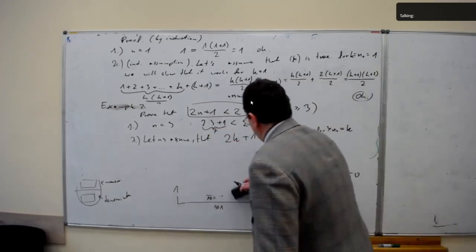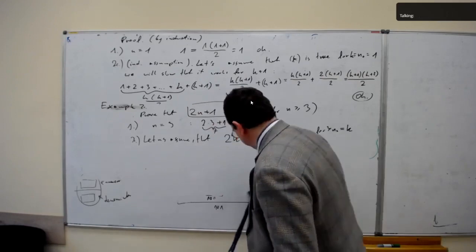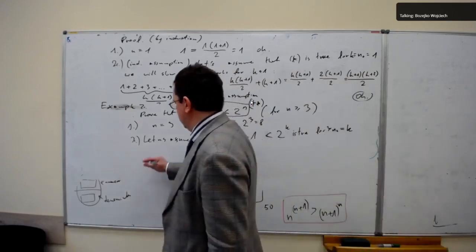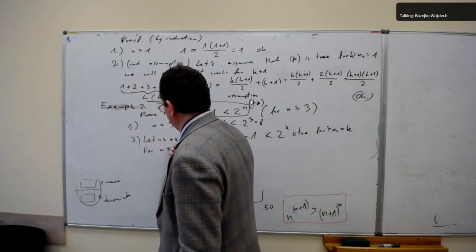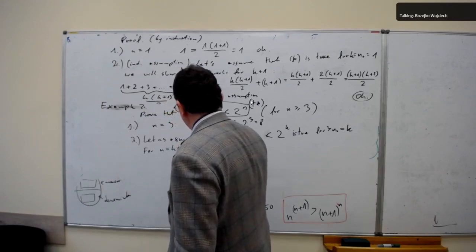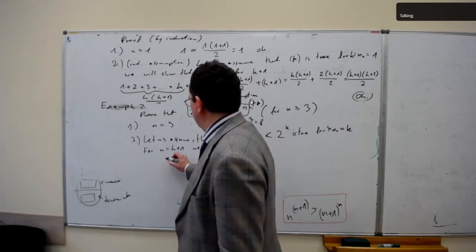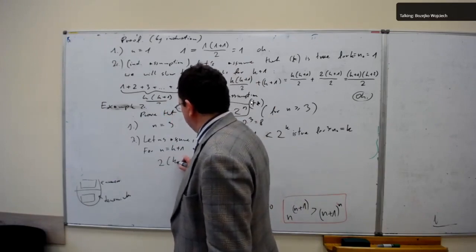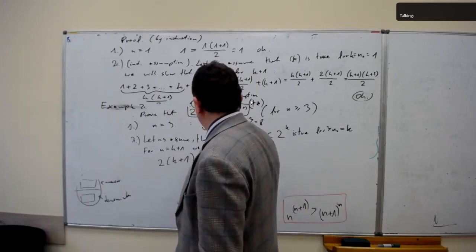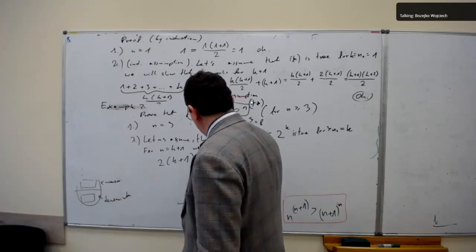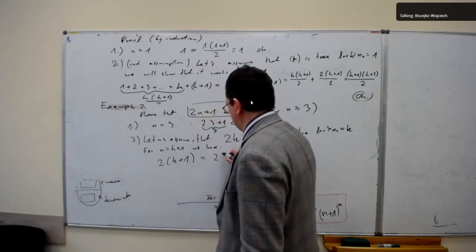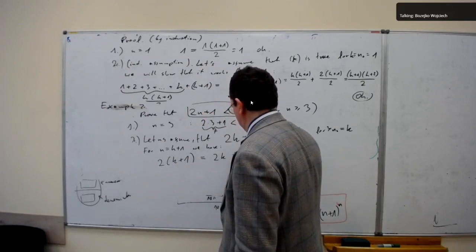Next, let us check for k plus 1. For n equals k plus 1, we have 2 times k plus 1, which is 2 times k plus 2.